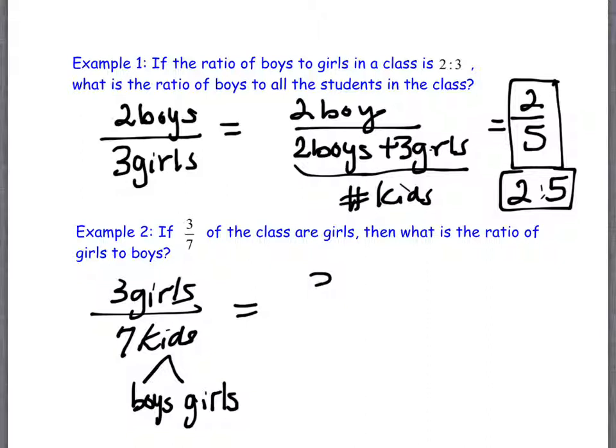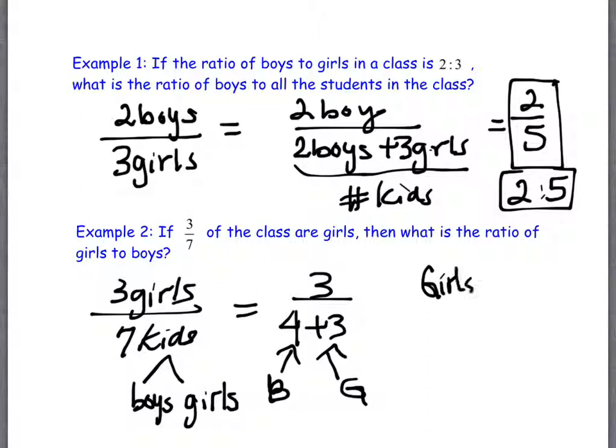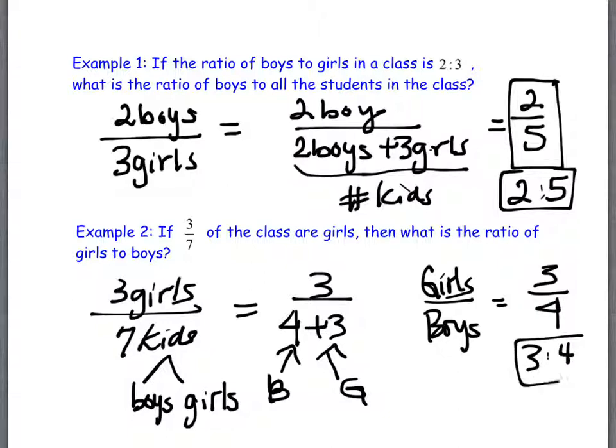So this is 4 plus 3. So here's my boys, and here's my girls. So if I want to compare boys to girls, or in this case they wrote it as girls to boys, it would be 3 to 4. Does that make sense? Okay.